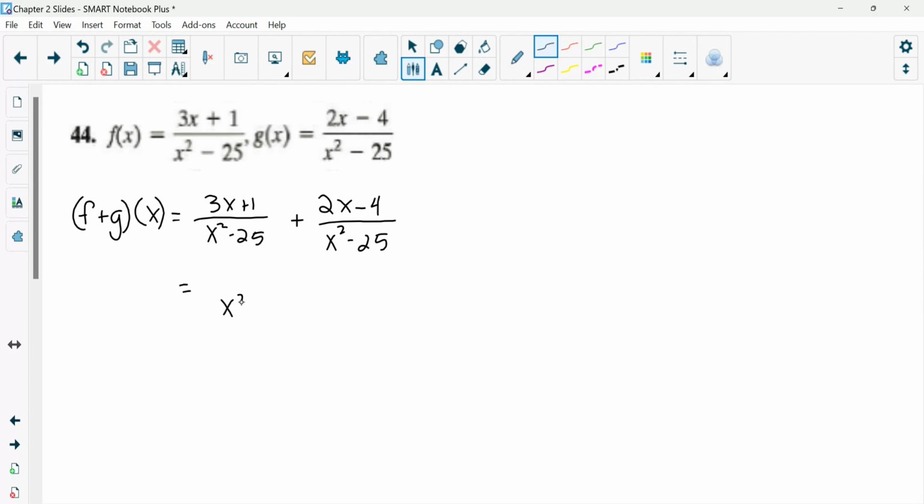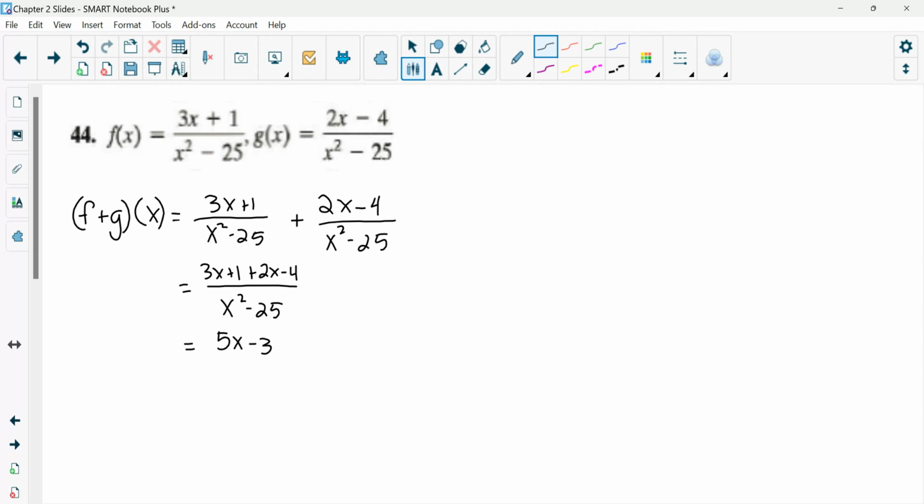Once we have common denominators, we just leave our common denominator on the bottom, and we add straight across. So I'd have 3x plus 1 plus 2x minus 4. I'm just going to combine like terms along the top, and I would have 5x minus 3. I do want to look to see if I can factor this.